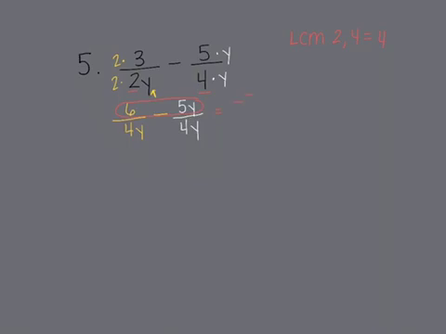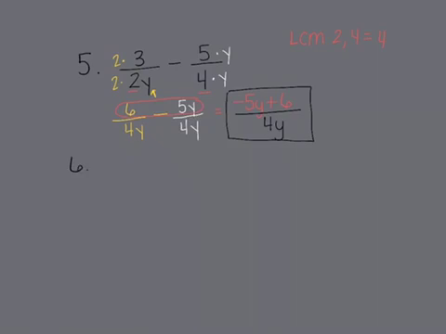So negative 5y plus 6. Remember, we want the variable to go first, so it's in descending order. And our denominator stays the same. It stays 4y. And again, we leave it like this. We can't cancel out the y's. We're not allowed to do that because we don't have multiplication.